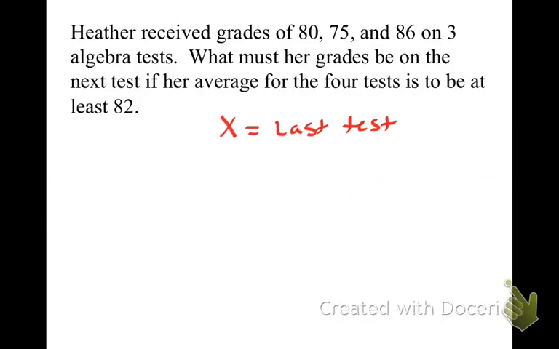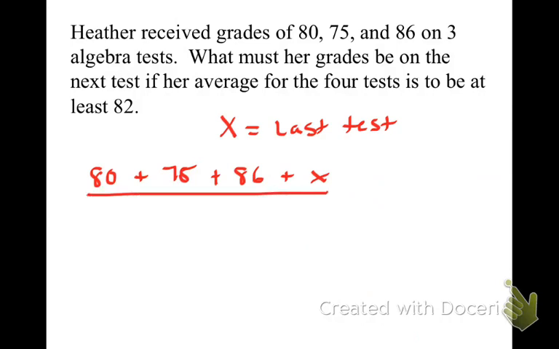So to find out our average, we have to add all of the tests up, plus that last test. And remember, to find an average, we divide by the number of tests: 1, 2, 3, 4. To be at least, it must be greater than or equal to 82.